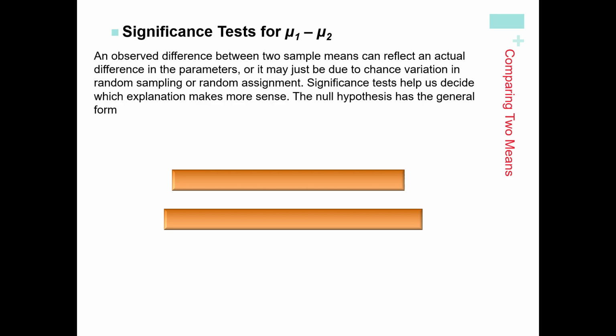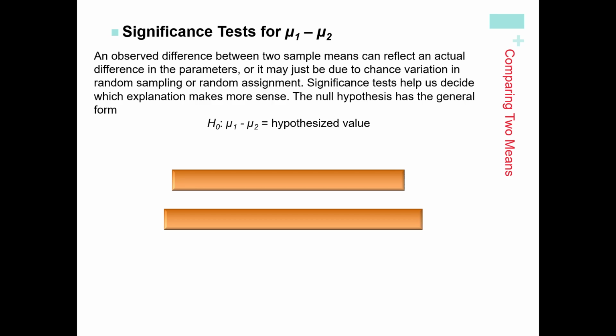Obviously, if a result is super unlikely, like less than 5%, we generally will reject the null hypothesis and say that the parameters are actually different. So the null hypothesis in this section is going to have the general form mu1 minus mu2 equals the hypothesized value.